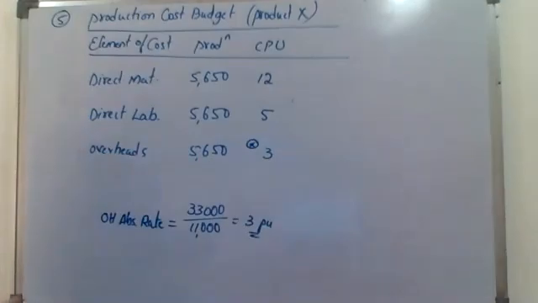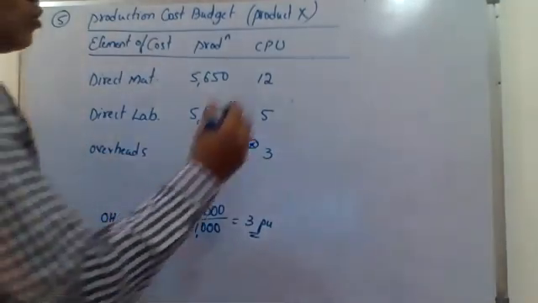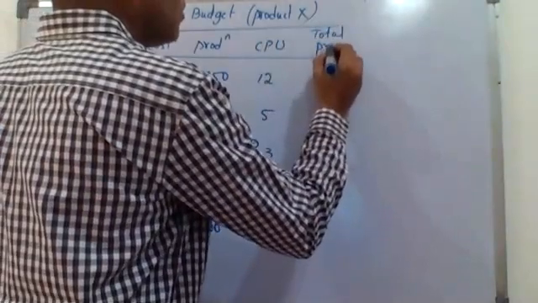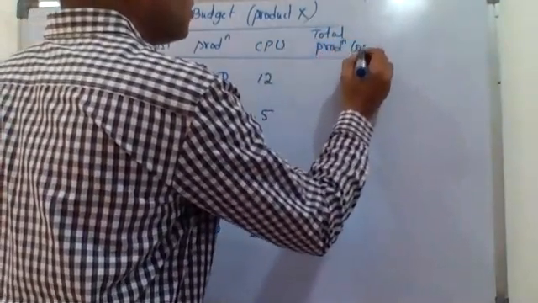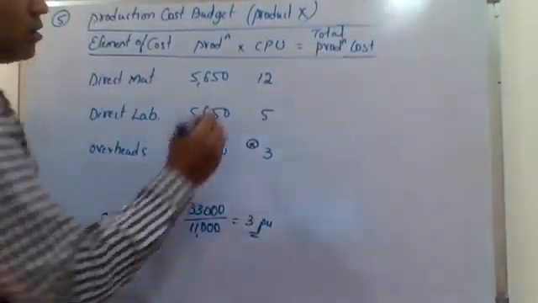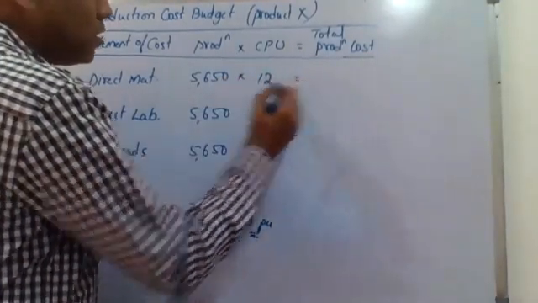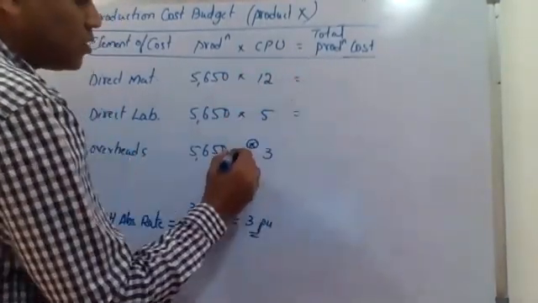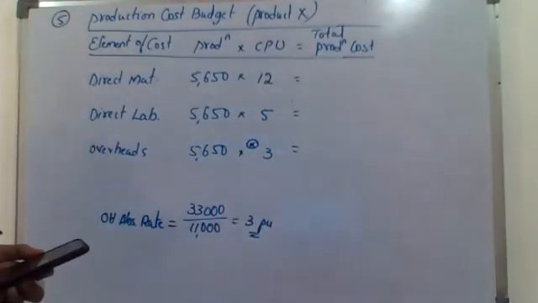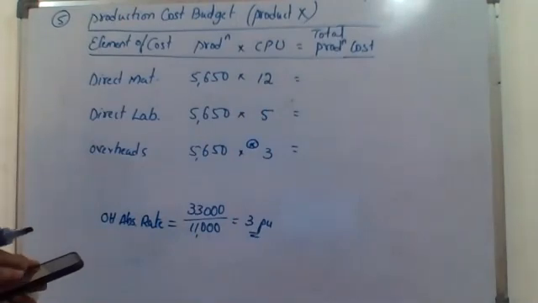And once you have this with you, the total production cost is simply production units multiplied by cost per unit. So if I calculate it, where is my calculator?